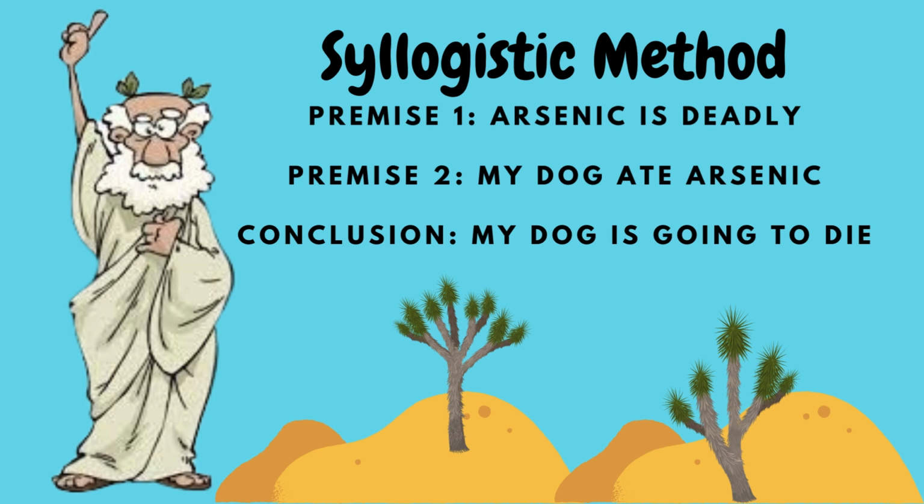If I say premise 1, arsenic is deadly, you all nod your head and say, yep, Kristian, you are right. If I follow it up with a second premise that goes like this, look where the conclusion leads us. I had some rats in my house and I put some arsenic beneath my sink, and this morning, little Skipper's beneath the sink and he comes out and he's got white stuff all over his gruzzle and his muzzle.